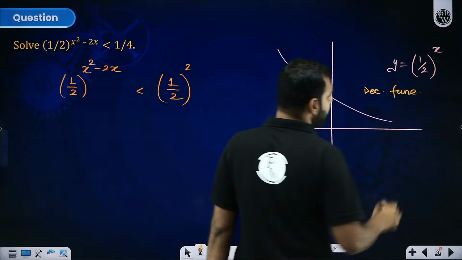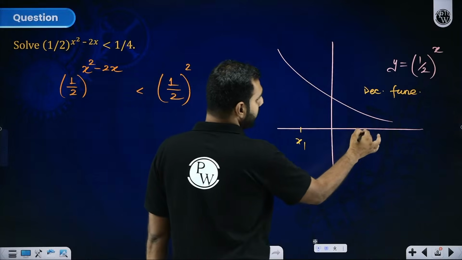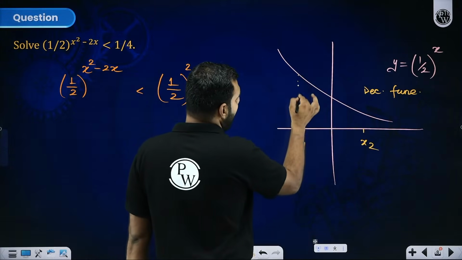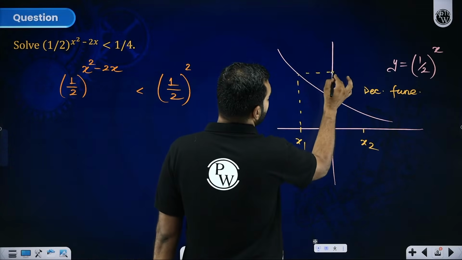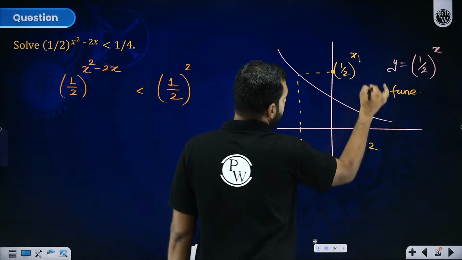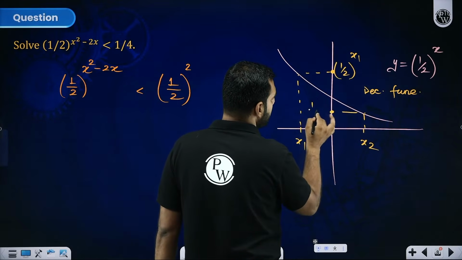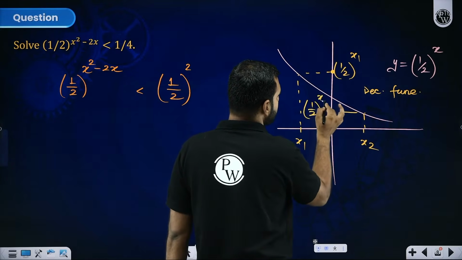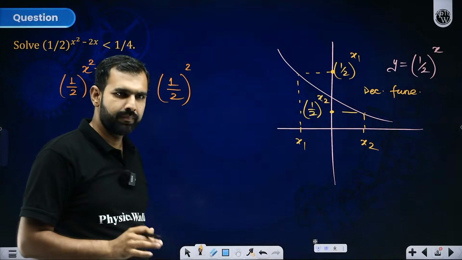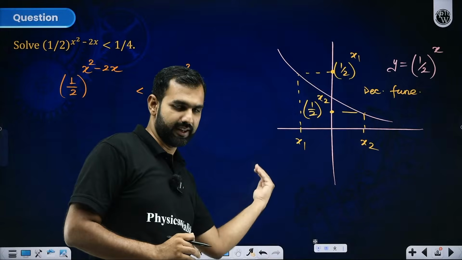So if it is a decreasing function, what does it mean? It means, let's say there are two values, x1 and x2. At x1, the value will be 1 by 2 to the power x1. At x2, it will be 1 by 2 to the power x2. Now you tell me, on the graph, x1 is on the left, x2 is on the right.